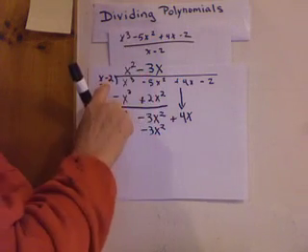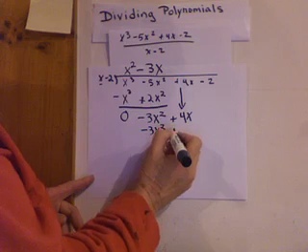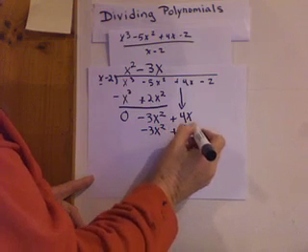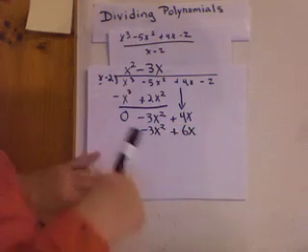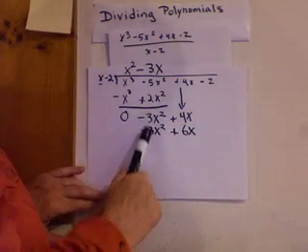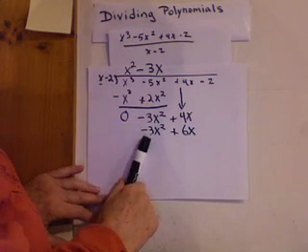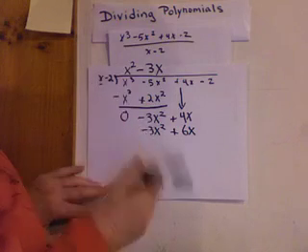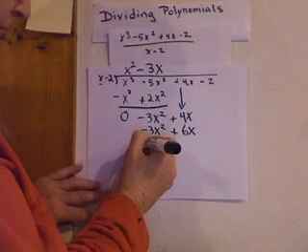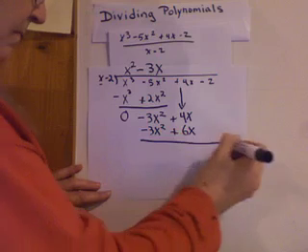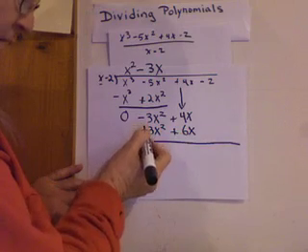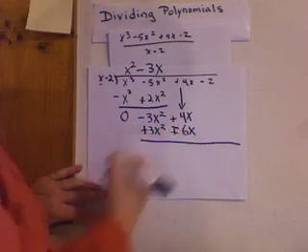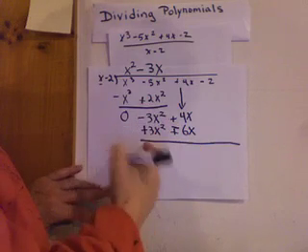Minus 3x times minus 2 is plus 6x. Okay, let's check. Are these two terms exactly the same? If they are, you probably did your multiplication correctly. Next step, draw the line, change the signs, which is subtraction. All right, this should come out to 0.